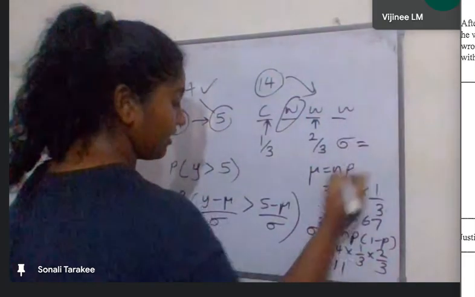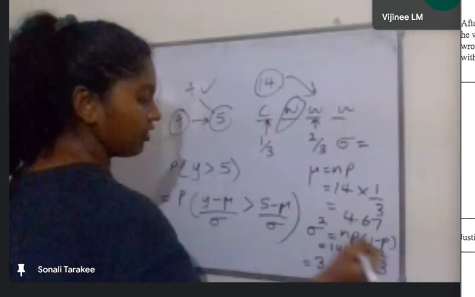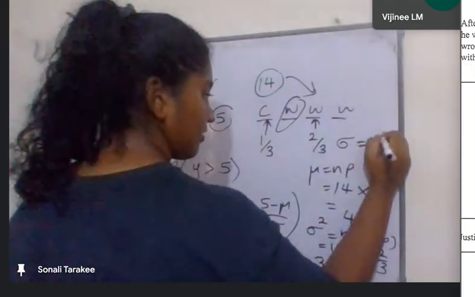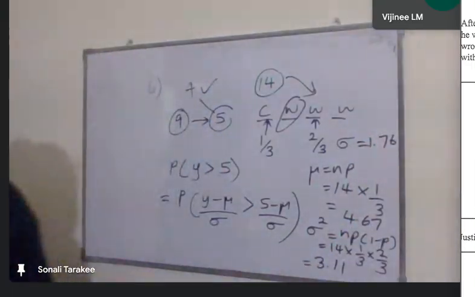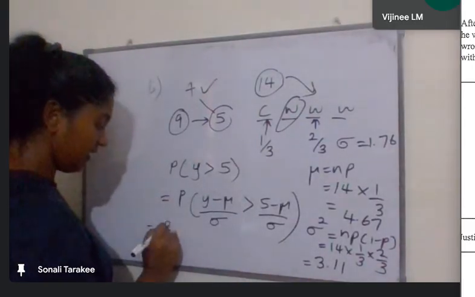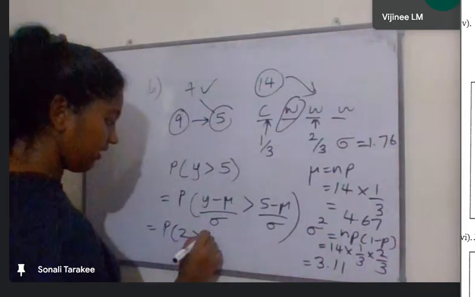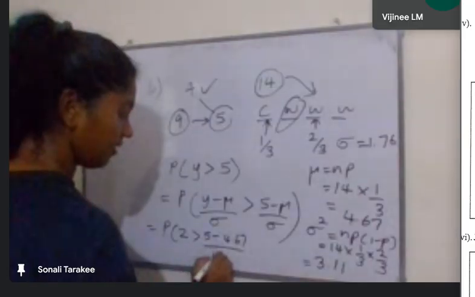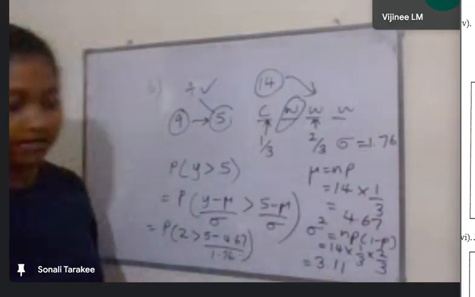Therefore, standard deviation is the square root of 3.11. You get 1.76. Now substitute those values here. P(z greater than (5 minus 4.67) divided by 1.76).